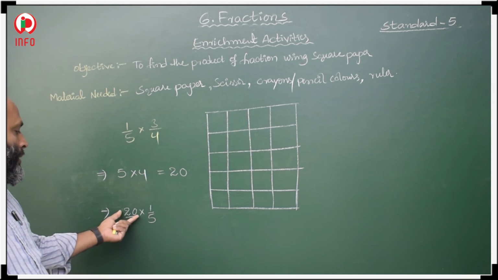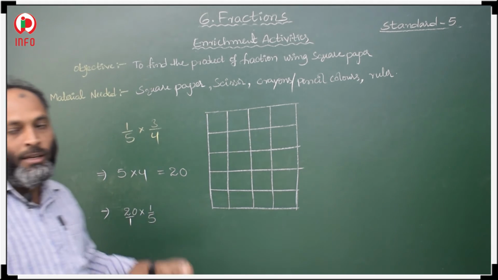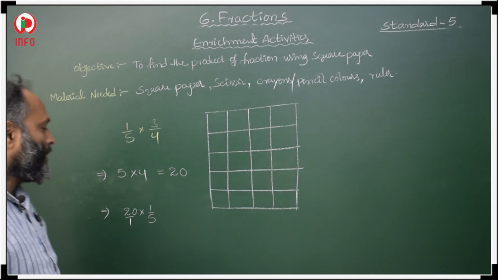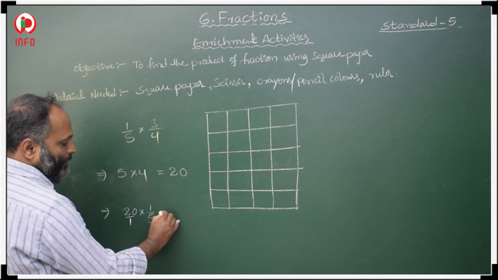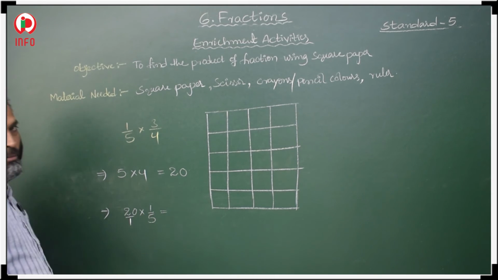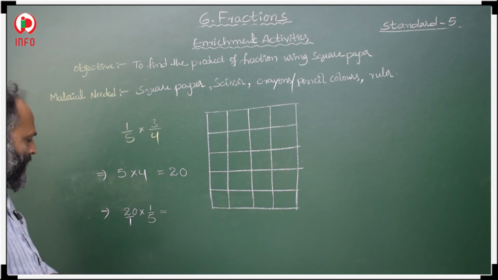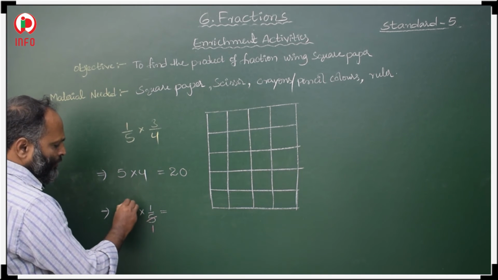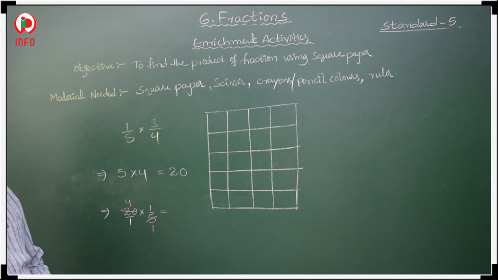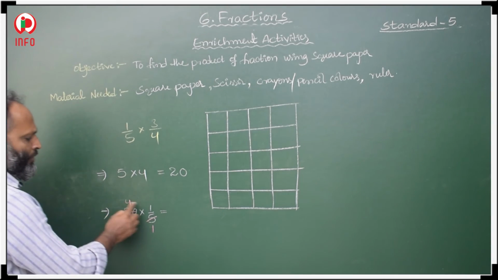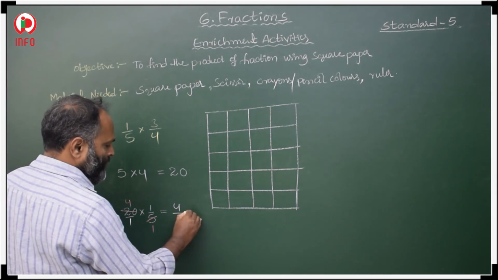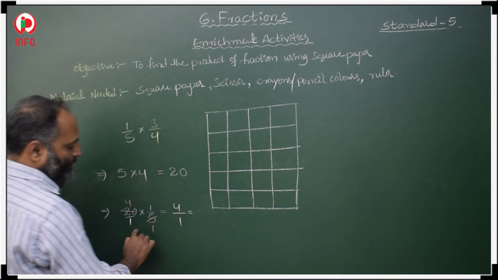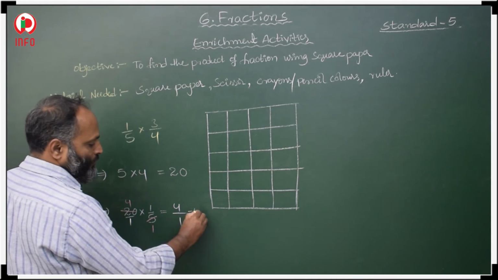Then how to multiply? These two have a common factor 5, so we cancel with 5. 5 ones are 5, 5 fours are 20. Now 4 ones are 4 by 1 ones are 1, that is 4 by 1, which means 4.